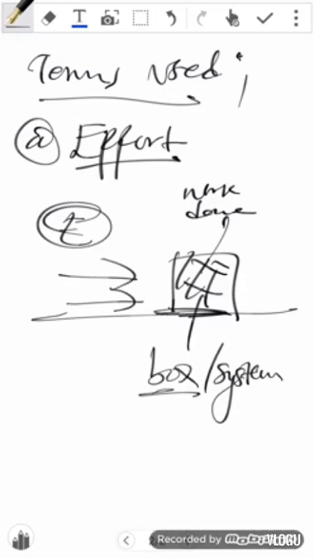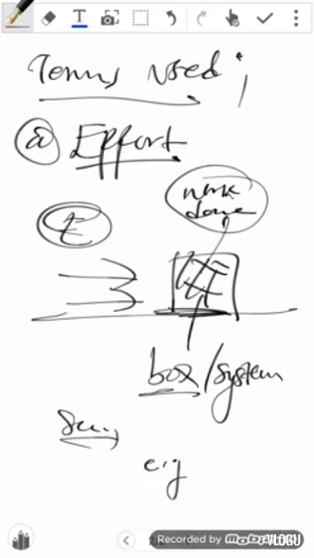Remember that effort is simply the force applied to a machine, box, or system in order for work to be done. Effort is a force, so its units of measure are newtons. Say, if your answer is 4, you say 4 newtons, and this is your effort force.